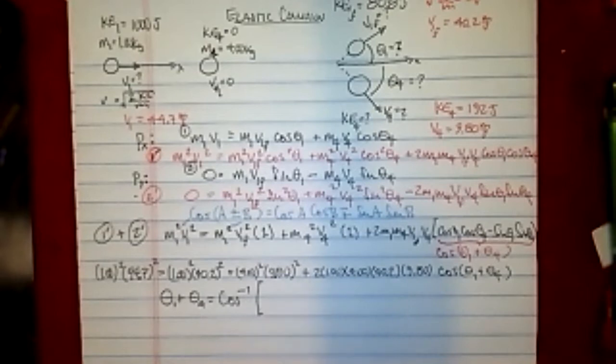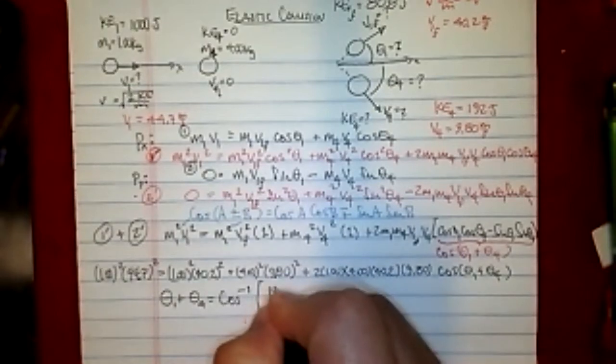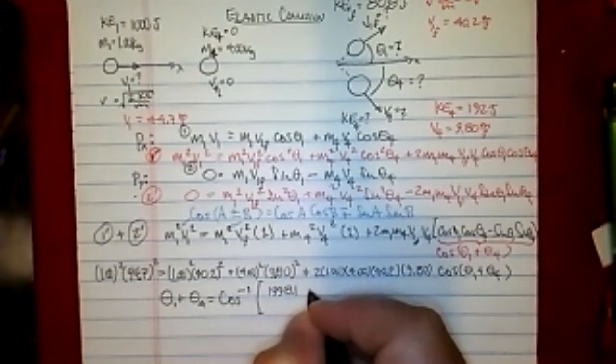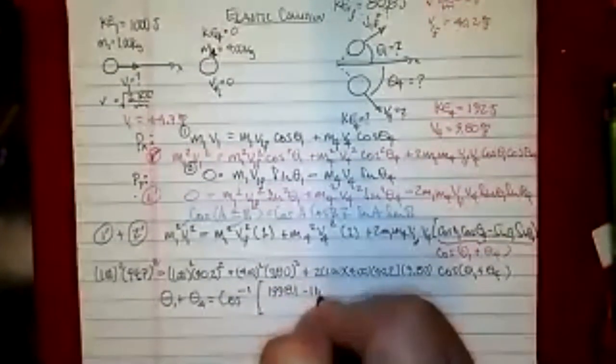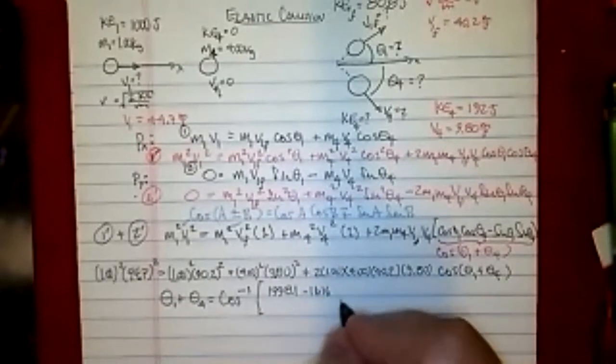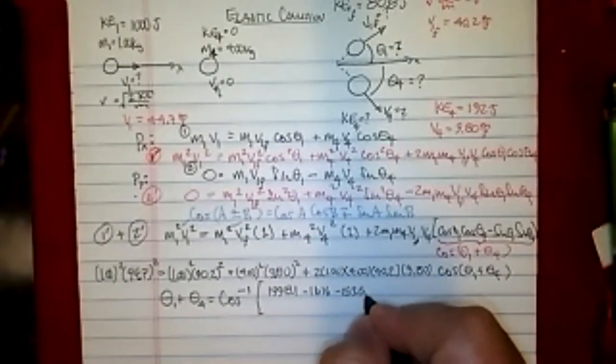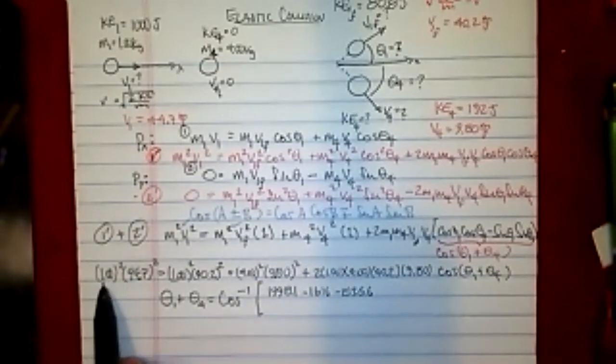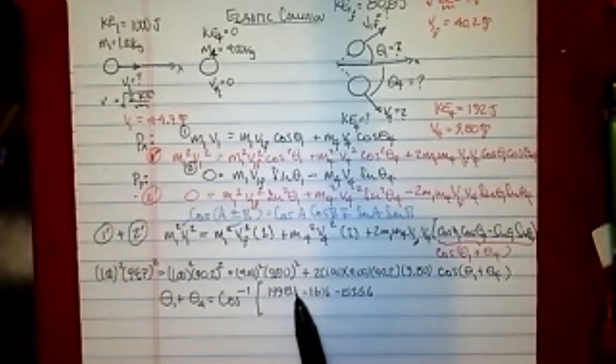I'm going to go ahead and put it in. I get 1998.1 minus 1616 minus 1536.6. So notice this is the hypotenuse, basically, right there, squared, and this is one of the legs squared, and this is the other leg squared.